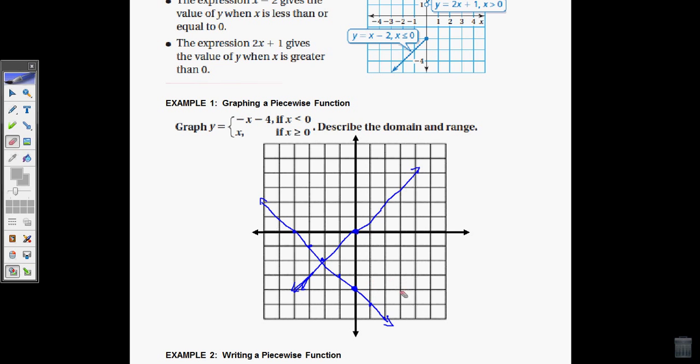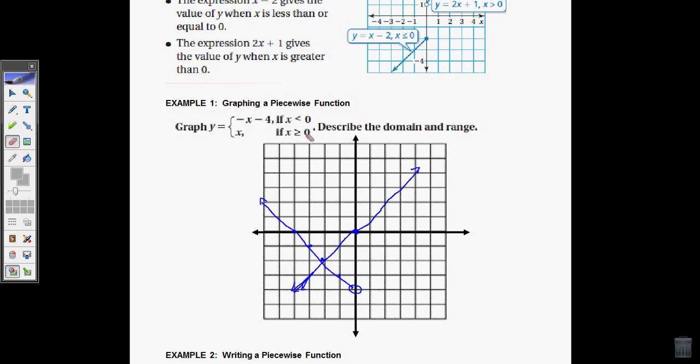So any x values greater than 0, like 1 or 2 or 3, I shouldn't see this function at all. And it shouldn't even be there when x equals 0, so I shouldn't have that there. I should have a nice open circle that says it goes up to that point, but it doesn't actually reach that point.